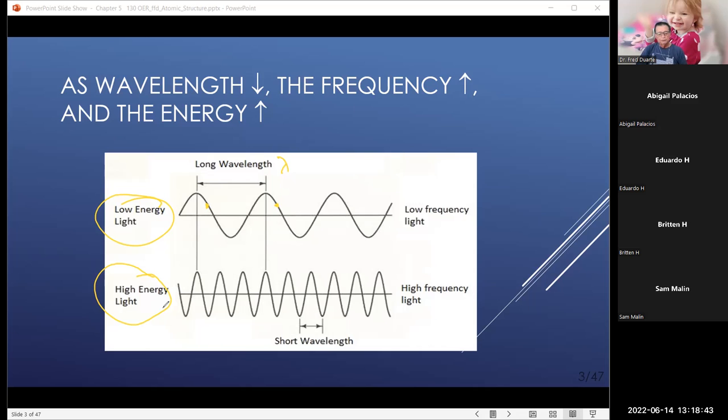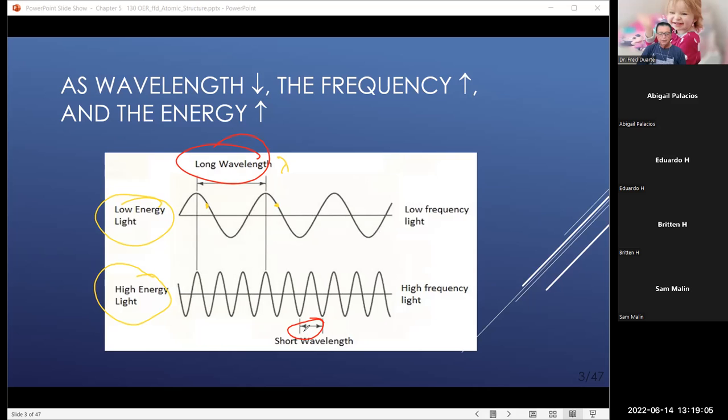If you look at the diagram on the bottom, the distance between the 2 hills or the 2 troughs is fairly short relative to the one on top. So we have a long wavelength depicted on the top of this diagram and a short wavelength depicted on the bottom.